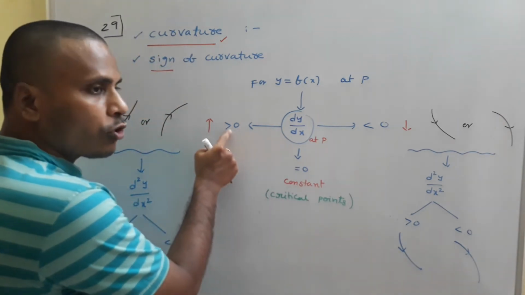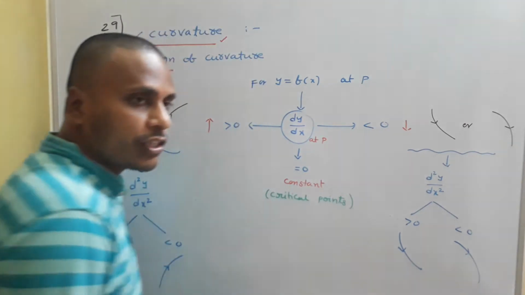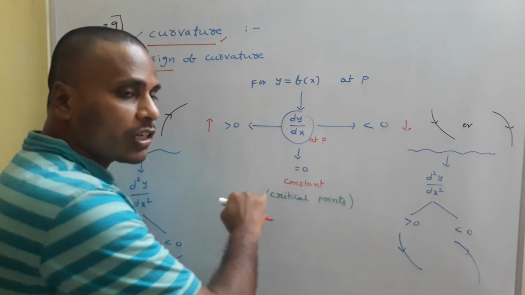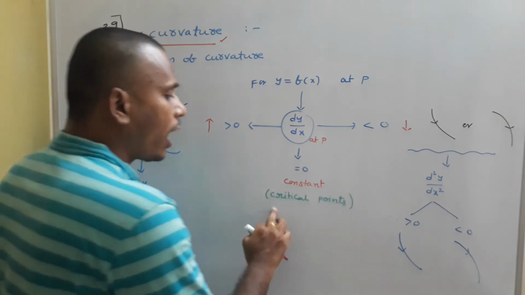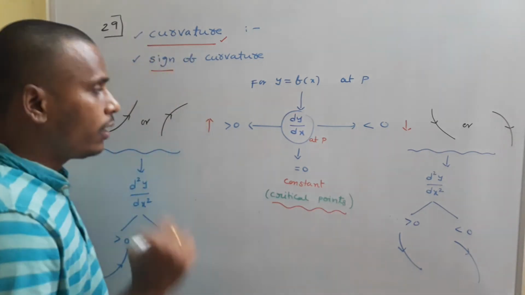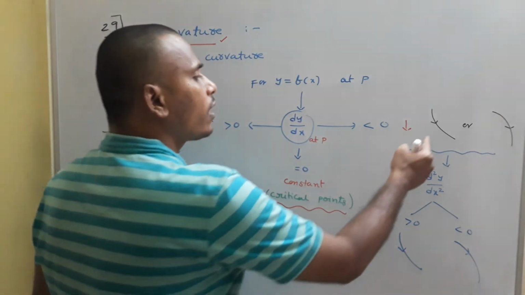If the derivative is positive, then we say the function is increasing. If the derivative is negative, the function is decreasing. Whereas if the first derivative is 0, we say the function is almost constant at that point, and that point is considered as what? Critical points.